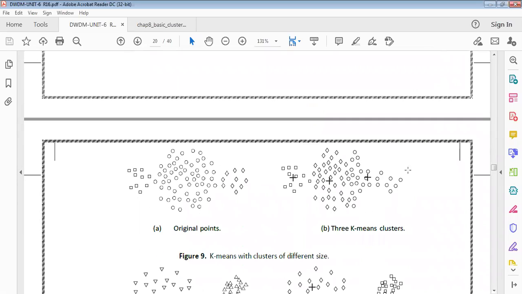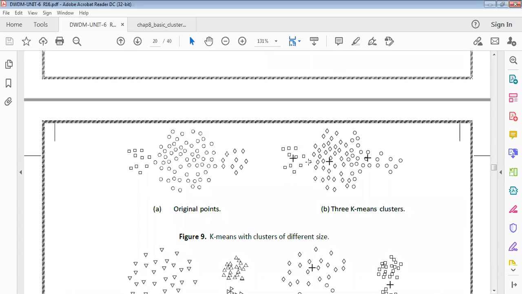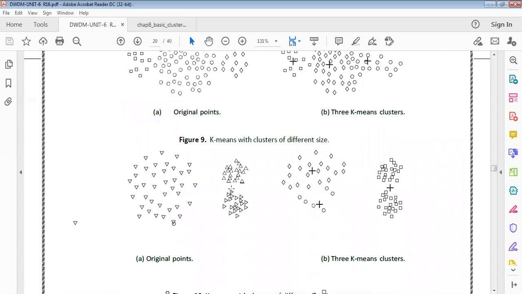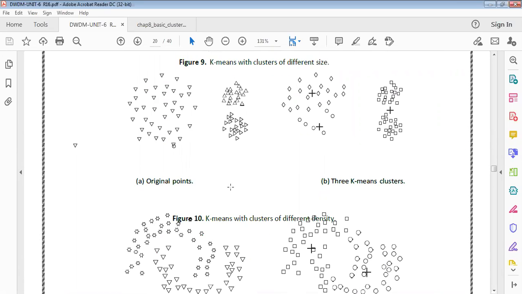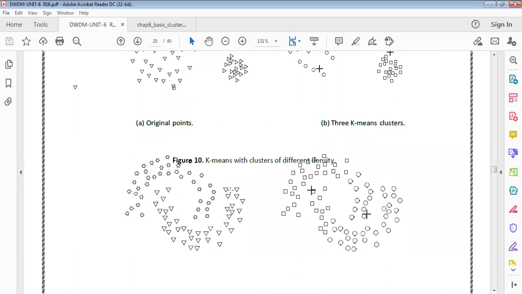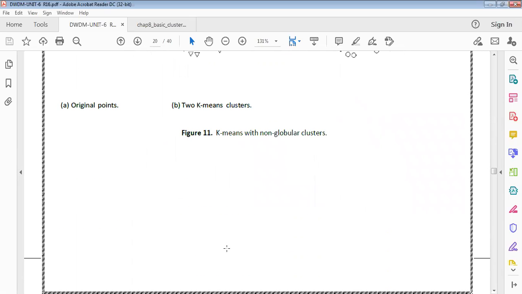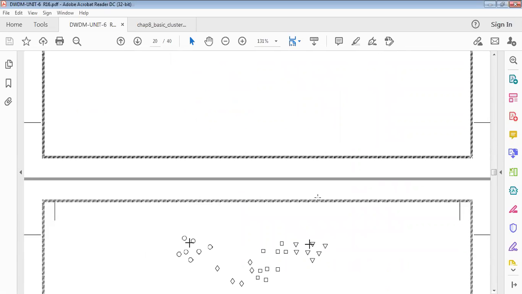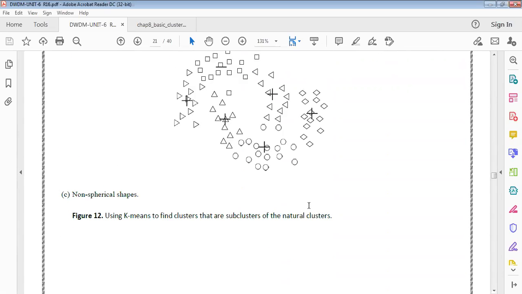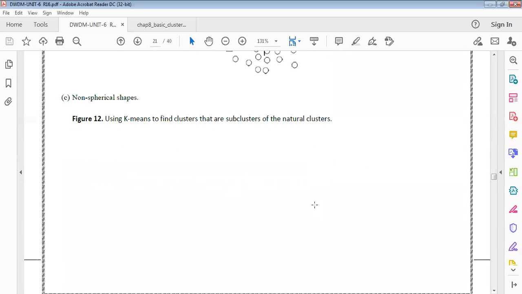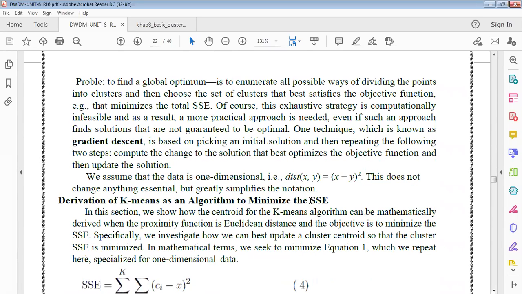These are the original points, and we divided them into three k-means clusters based on the centroids. K-means has trouble with non-globular clusters, where globular clusters are what we represent, and with non-spherical shapes. This is regarding the k-means algorithm.